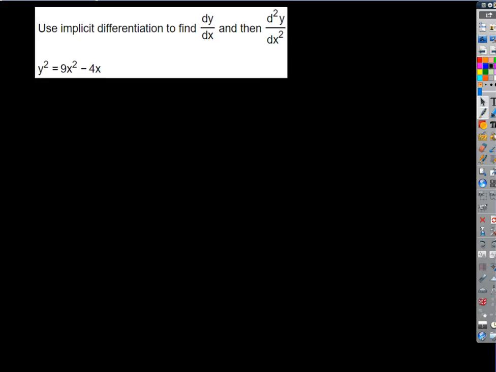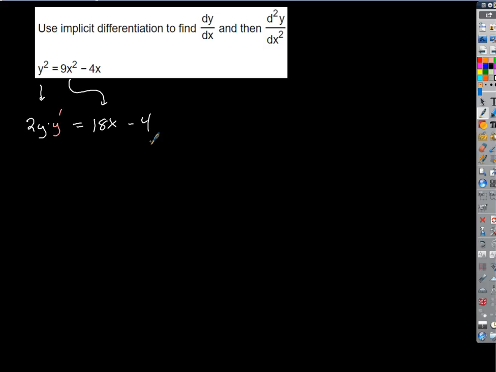Okay, so what do we get when we differentiate the first term with respect to x? 2y. Good, 2y times y prime equals... okay, right? That's it.